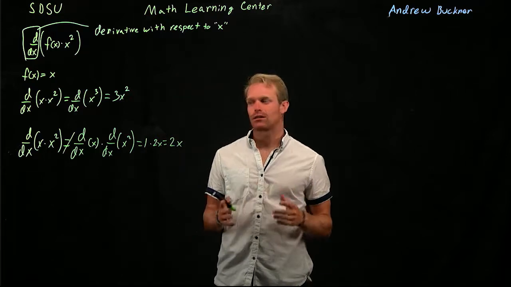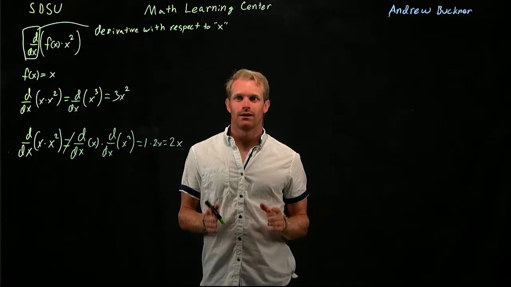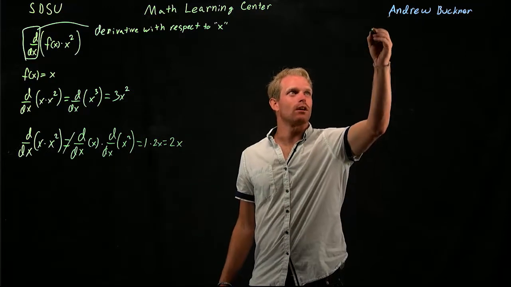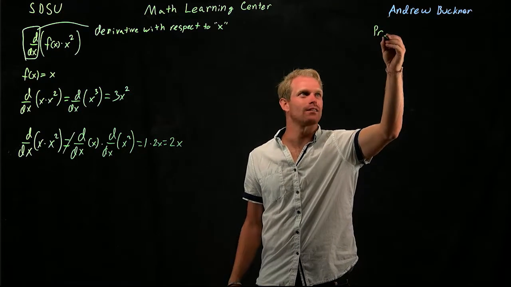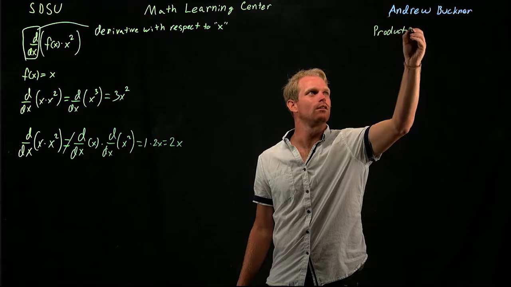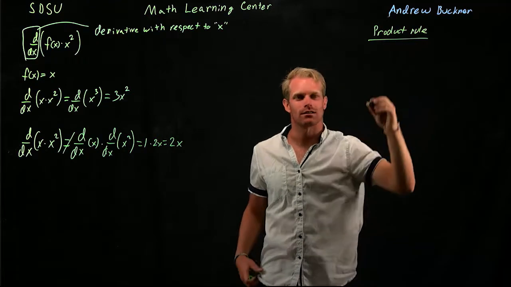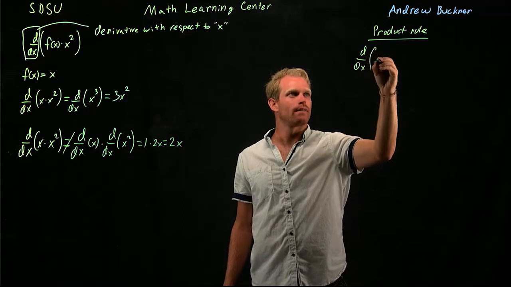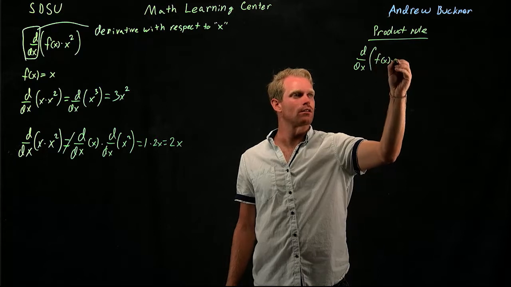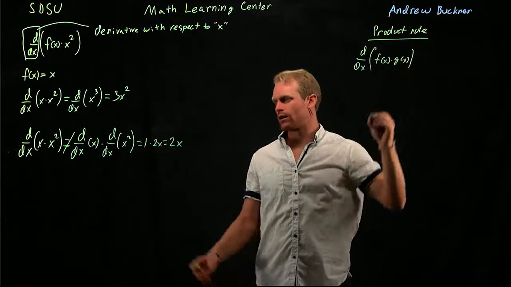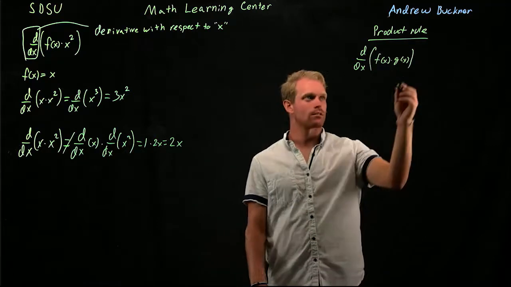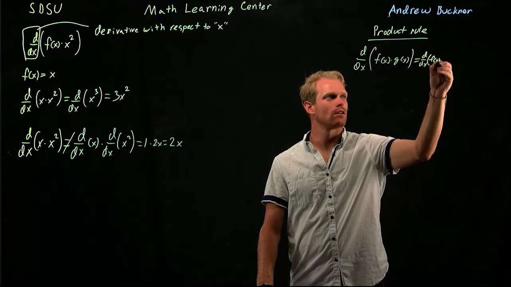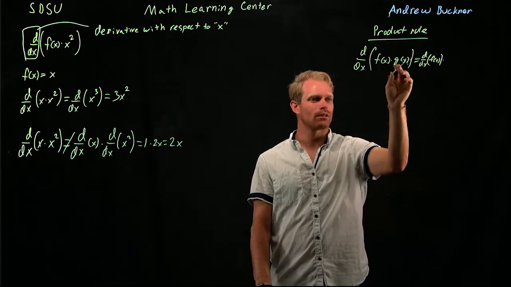When we have a product of two functions, we have a type of rule which helps us solve this, which is called the product rule, coincidentally, when we're taking a product, right? Pretty simple. Well, not so simple. Product rule. And what the product rule tells us is if I am taking the derivative with respect to x of two functions, that instead of doing it the way my friend Barney did it, I'm going to take the derivative with respect to x of the first function while multiplying it by the original second function.